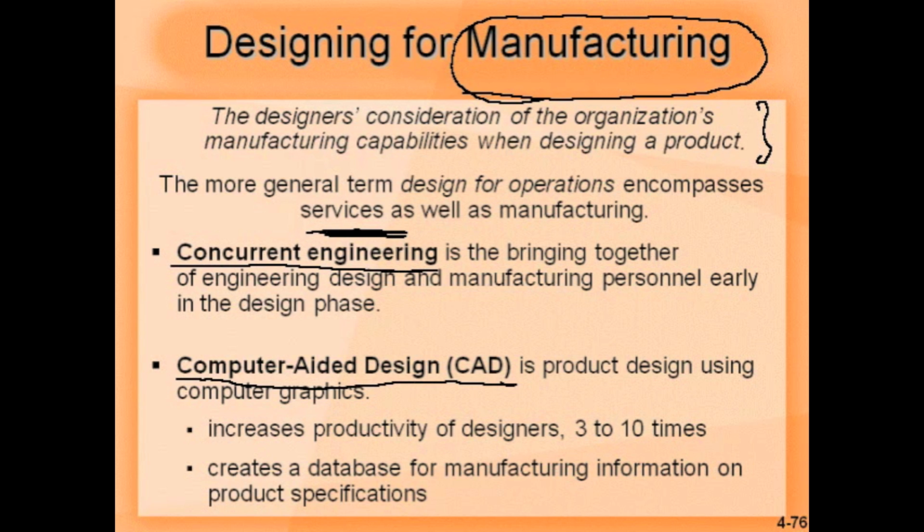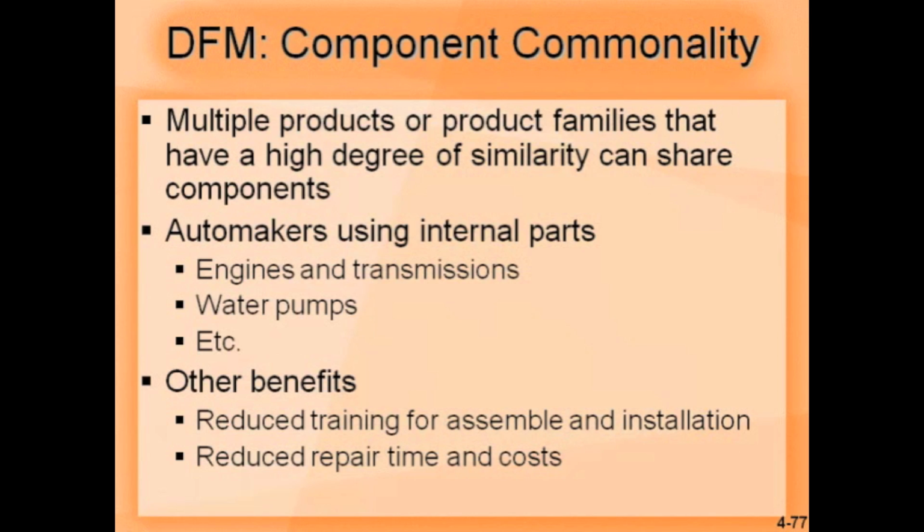Designers also nowadays use CAD a lot, computer-aided design, which helps them increase productivity, and also they can create a database for manufacturing, and they can use such information in the future when they are trying to redesign or even come out with a totally new design.